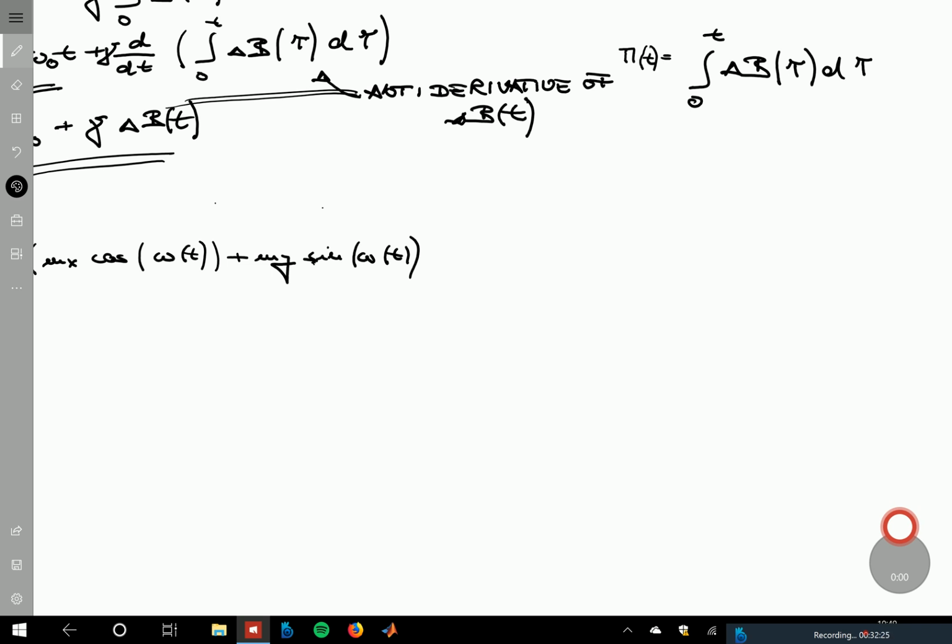Its dependence on t in the solution is that it's the upper boundary of this integral. And this integral is over the function b t, which is a function of time.